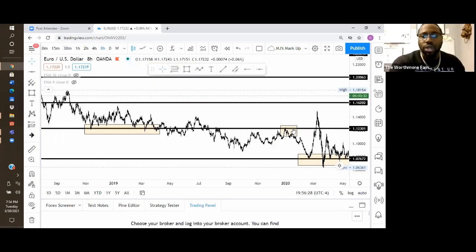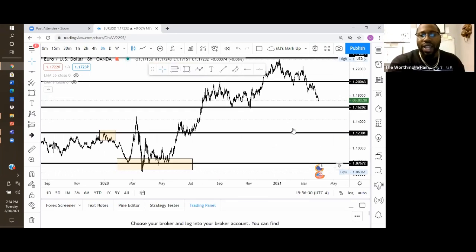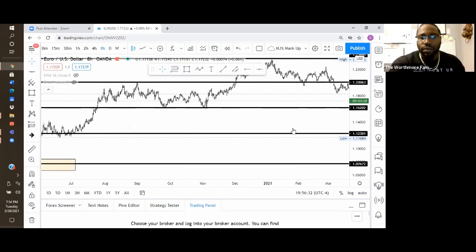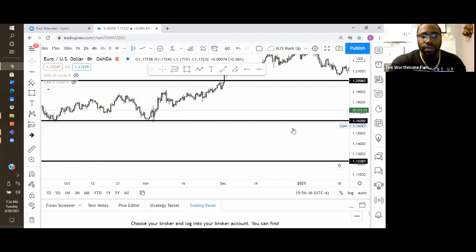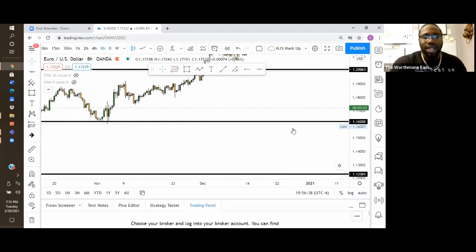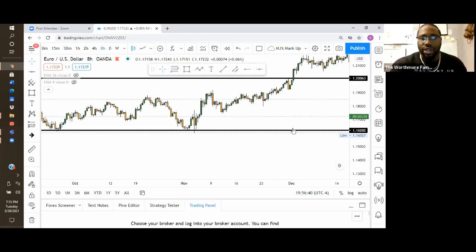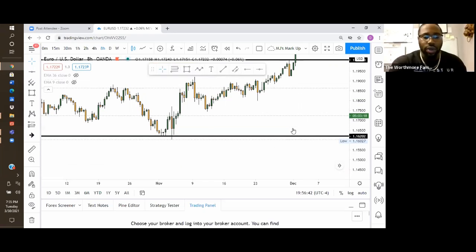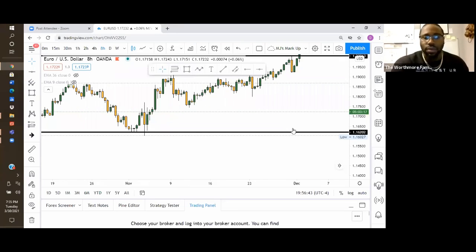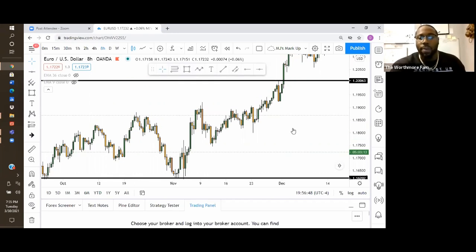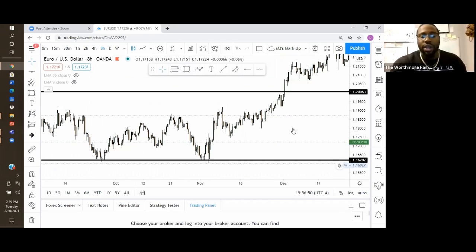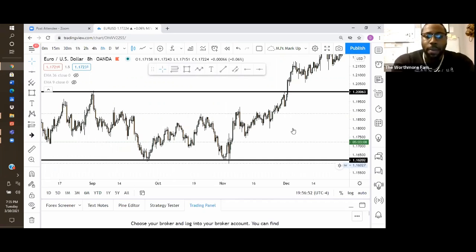Okay. So now, let's say we were here, right? Let's say we were in this area looking for a trade, okay? So we have our area of support and resistance. We have our targets because we've gone back into the past to see where these places may have been, okay?